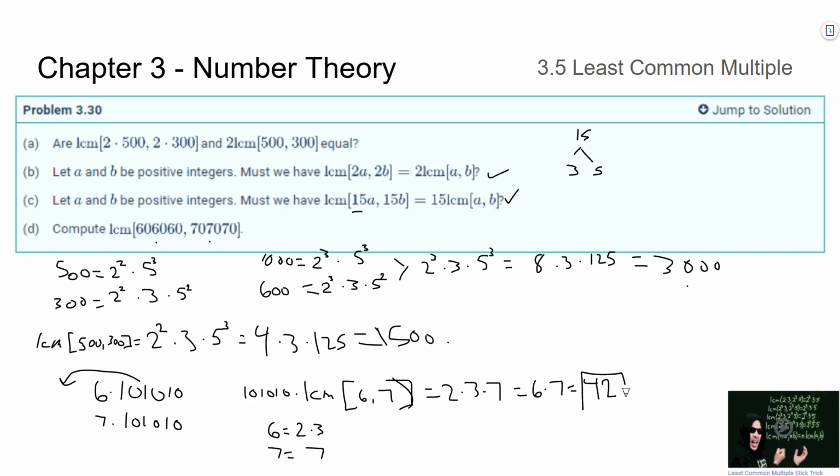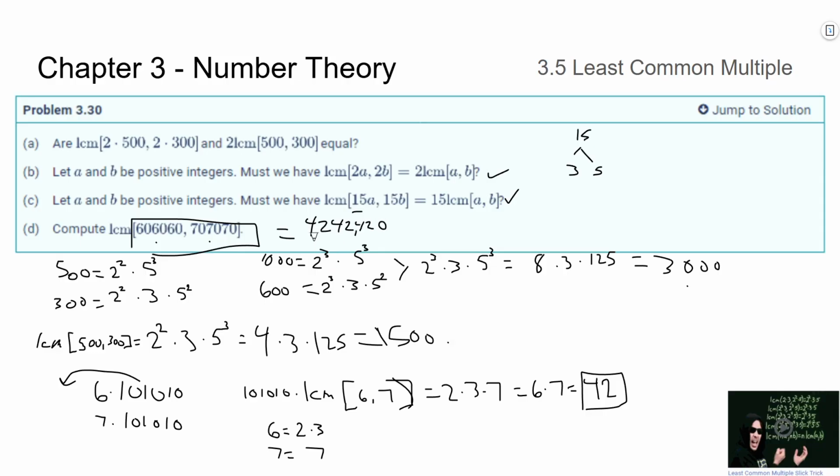It's 42. So what is the least common multiple of this? Well, it's 42 times all that junk. So that's going to give us 42, 42, 42, and a 0.